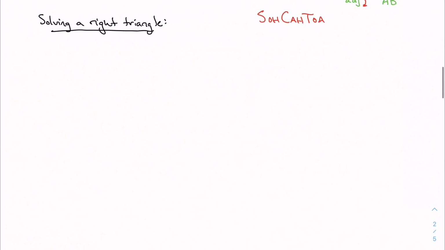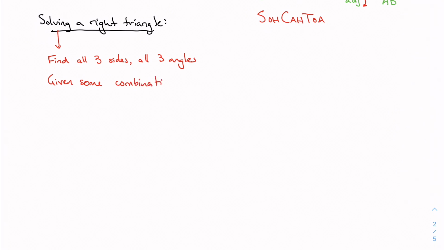So one of the things we're going to talk about is solving a right triangle. And when I talk about solving a right triangle, I want to talk about solving the whole thing. So I need to find all three sides, all three angles. You're usually given some combination of sides and angles.